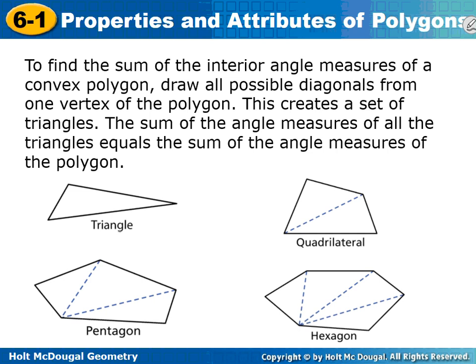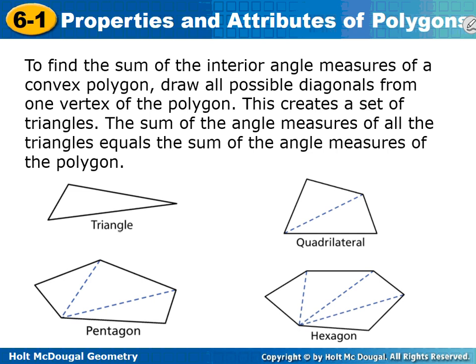Because we said that an interior and an exterior are always supplementary. What is 90 plus 90 plus 90 plus 90? Careful. 360. So the sum of the exterior angles is 360.